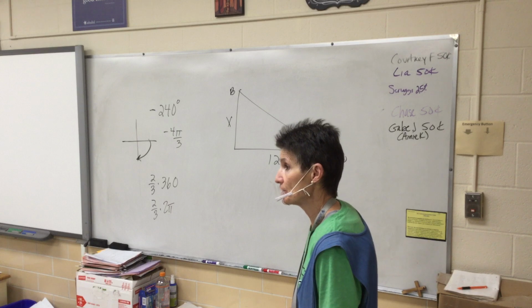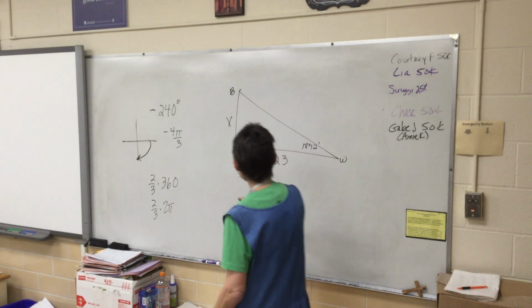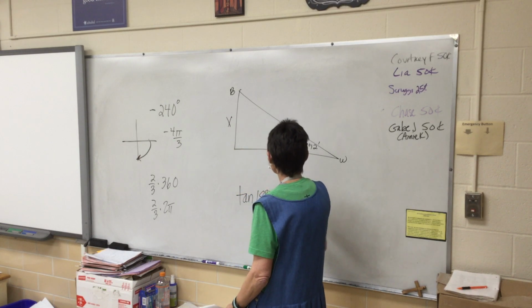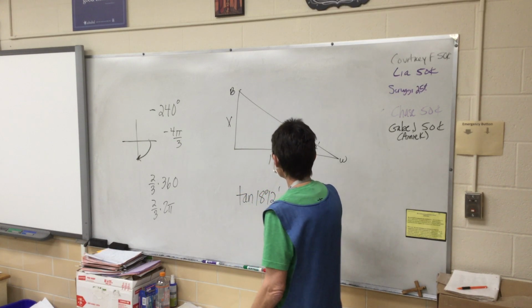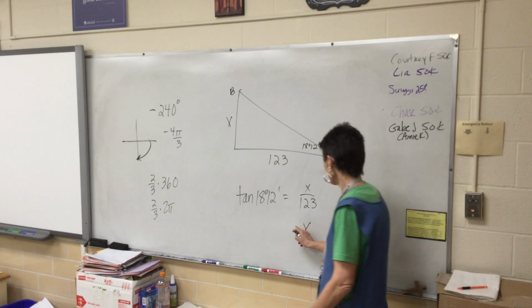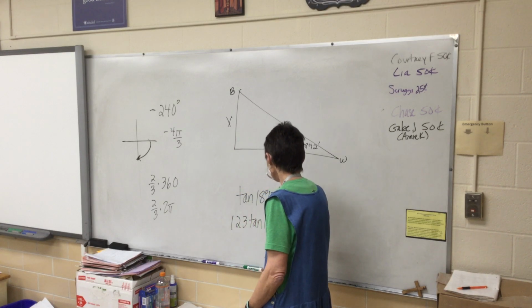Sine, cosine, or tangent? Tangent. So tangent 18 degrees 12 minutes, we know how to put that into our calculator, equals x over 123, opposite over adjacent. So x equals 123 tan 18 degrees 12 minutes.